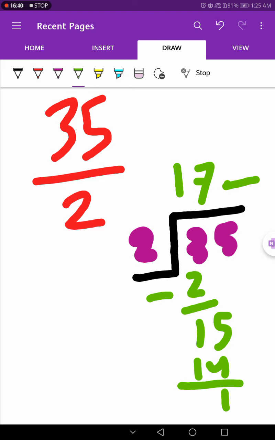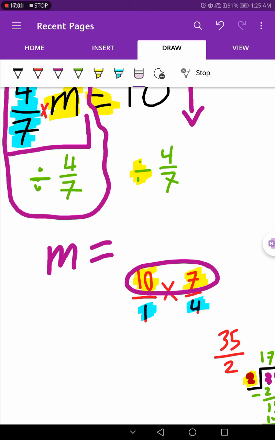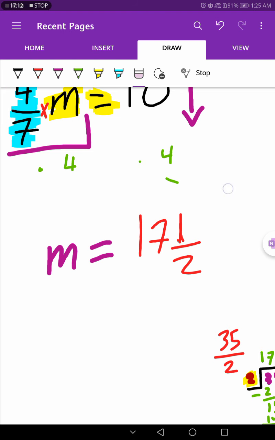There is a line, yes. And we said this is down and this is up. Yes, my dear students. So the 2 is down and the 1 is up. So it is equal to 17 and a half, or 17 and 1 over 2.